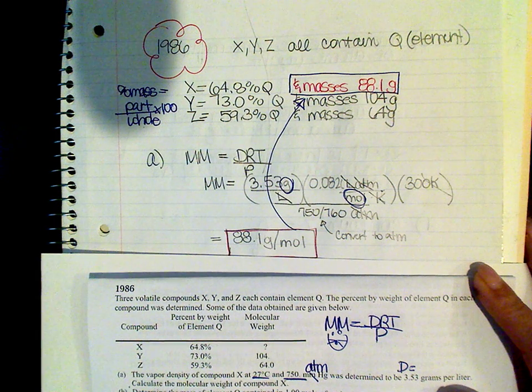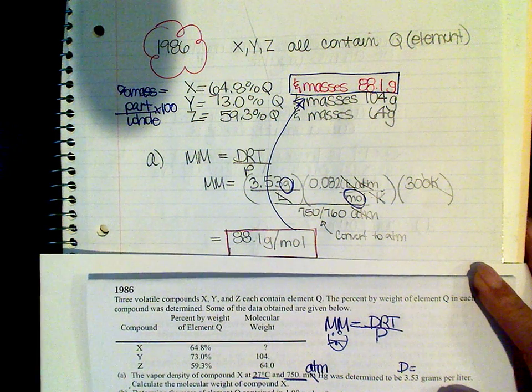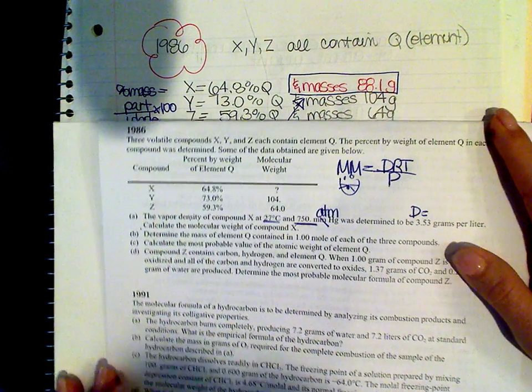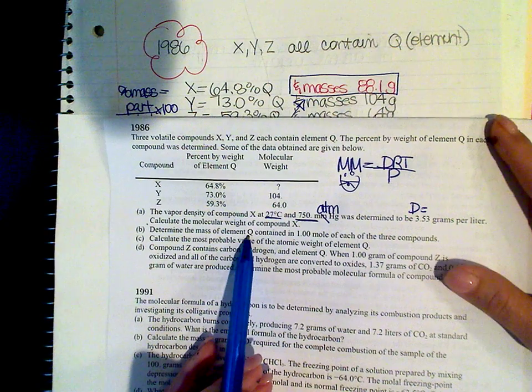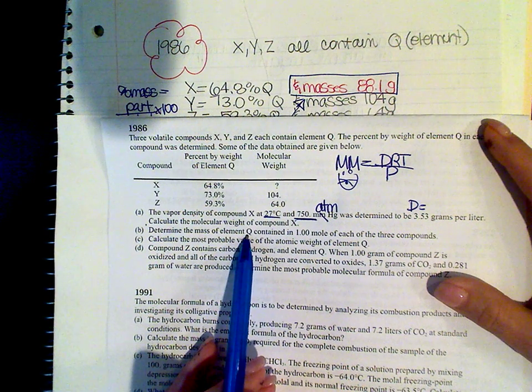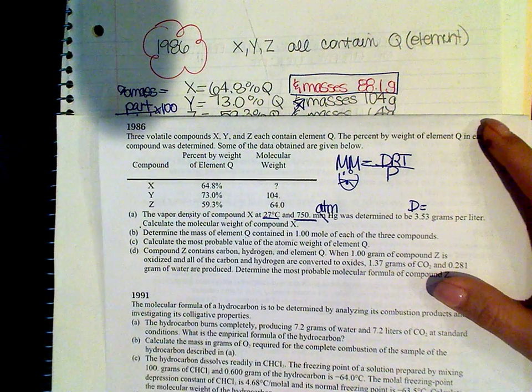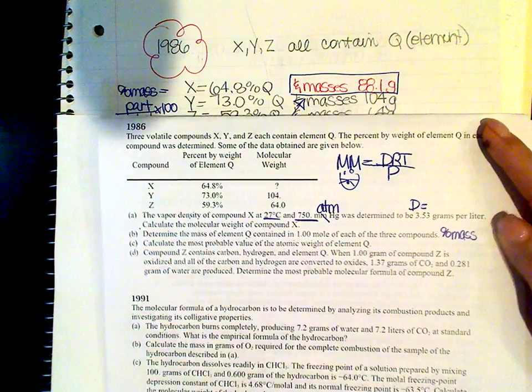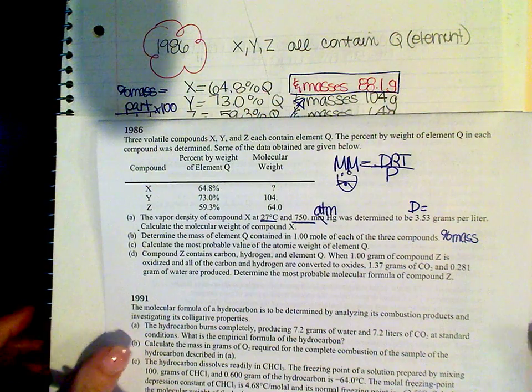And that's what I put up here as my molar mass or molecular weight of my compound X. So part B says that they want us to determine the mass of Q that's in 1 mole of each of the 3 compounds. So basically, we're going to be doing the percent mass formula 3 times. Okay, so let's take a look at what I did.